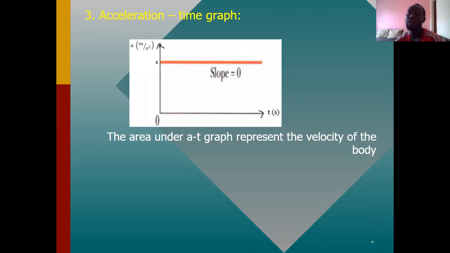If the acceleration is constant, we will not have a slope. That's why here we have a horizontal straight line. So here we can now calculate the area under the acceleration time graph, which represents the velocity of the body.